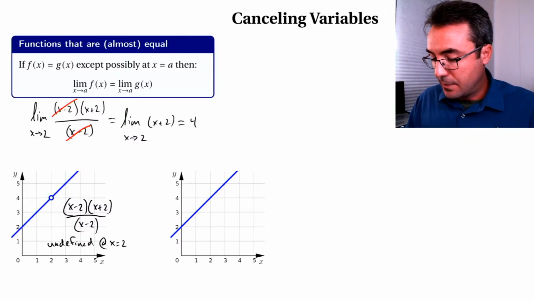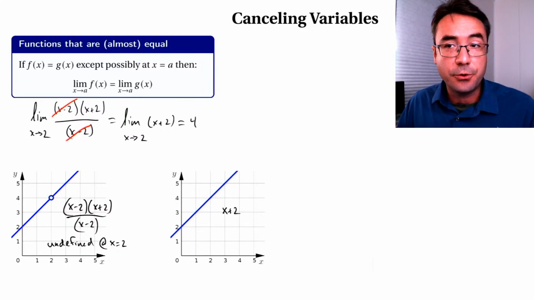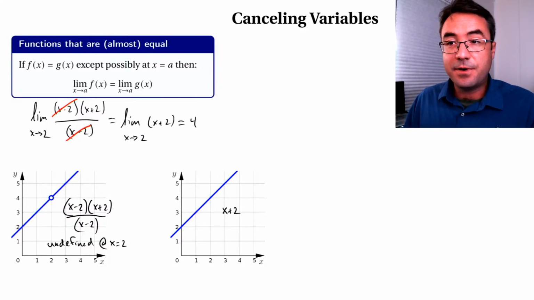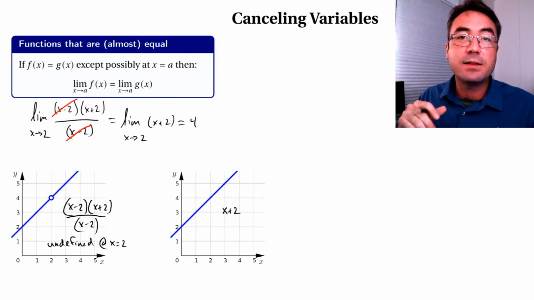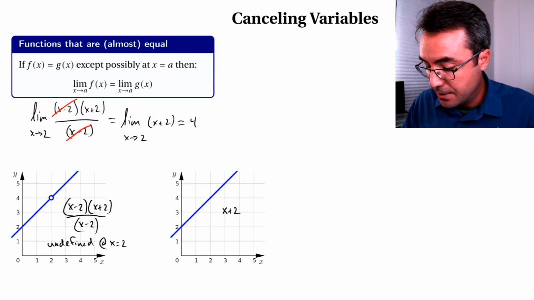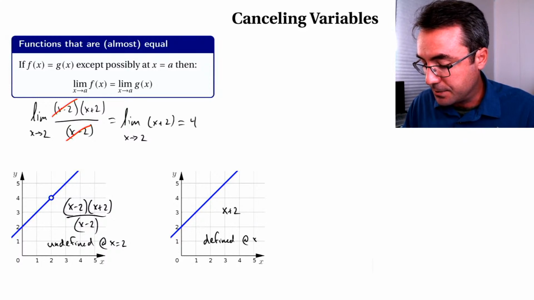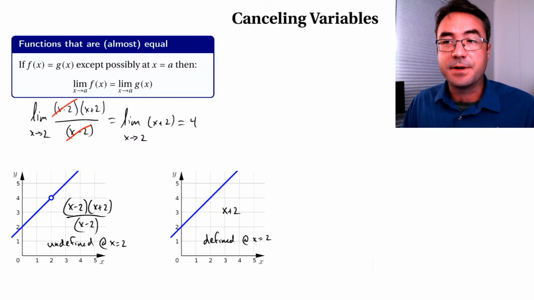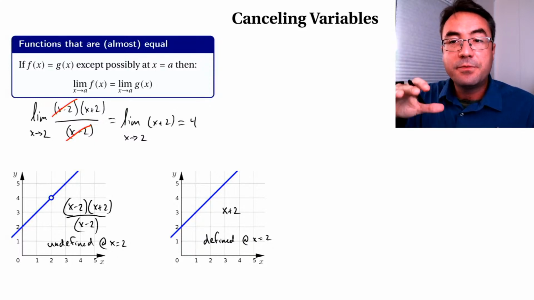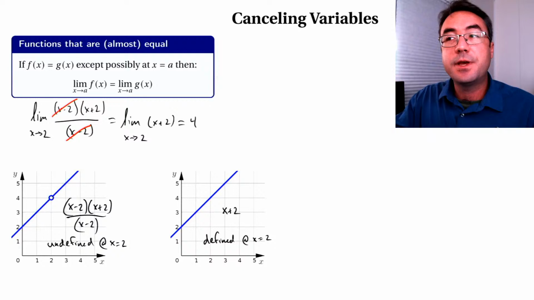On the right here, this is the graph of just the x plus 2 function, and basically it looks the same except for what's happening directly at x equals 2. So this one actually is defined at x equals 2.